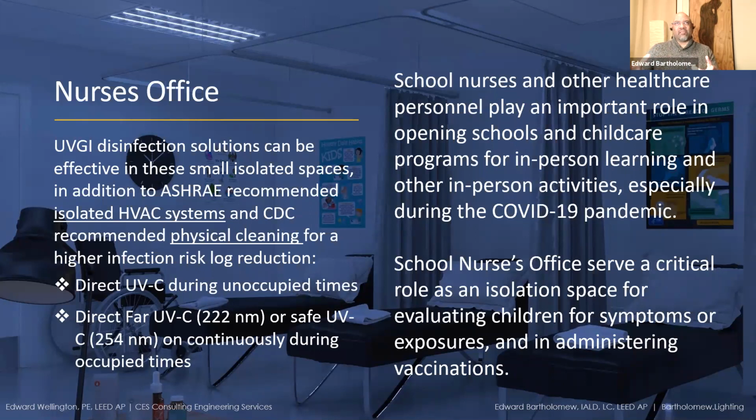Clearly the HVAC systems and the air has to be isolated, so it will not go into the general space of the building. These spaces are really isolated. They're like laboratories in a sense, but direct UVGI could be effective when they're not occupied. So when everyone's gone, you could cleanse the entire space with a robust direct UVGI system utilizing UVC.